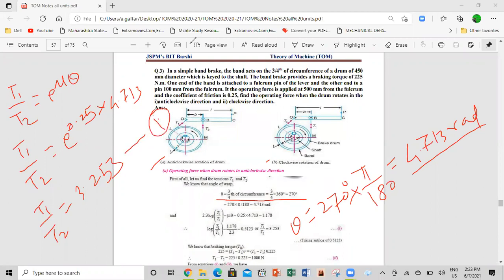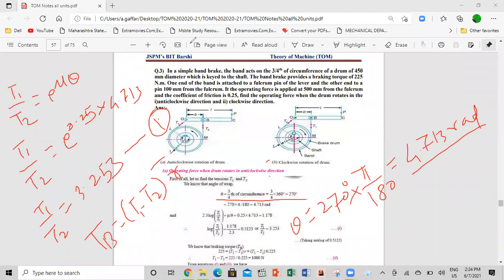After that, we know the formula for braking torque: TB is equal to T1 minus T2 into radius R. But in the problem the diameter is given, 450 mm, so convert it to radius. The radius is 225 mm.